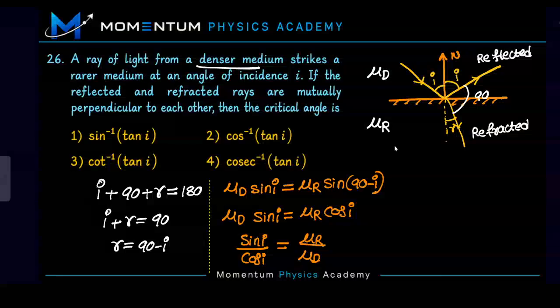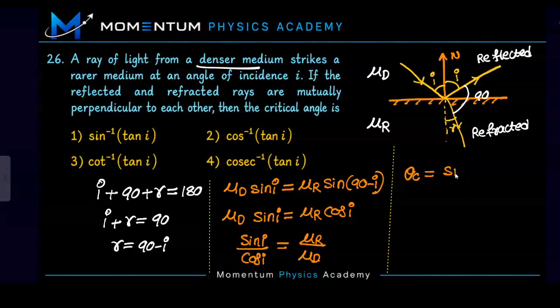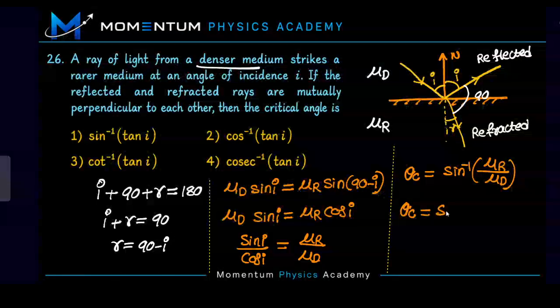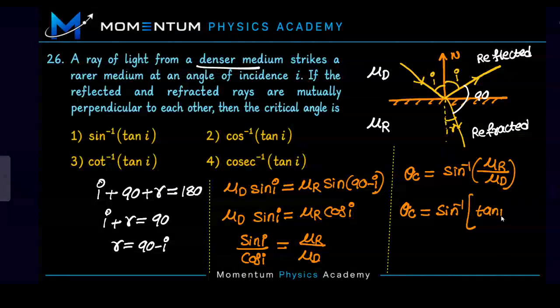Right? And with the critical angle formula, theta c is equal to sine inverse of mu r by mu d. So that's why theta c will come to be sine inverse of mu r by mu d, which is nothing but tan i, isn't it?